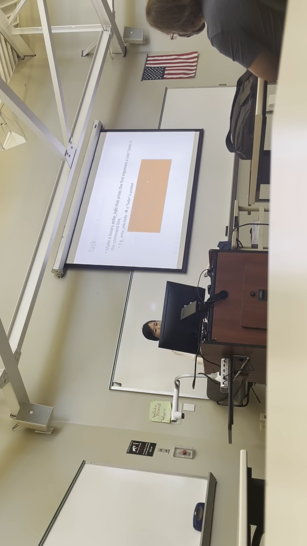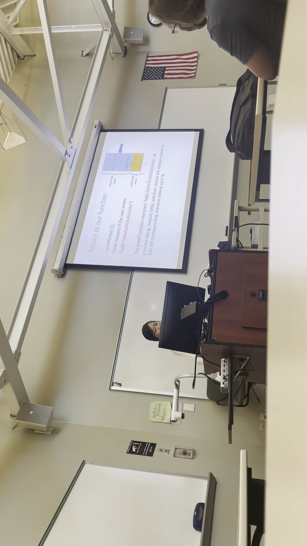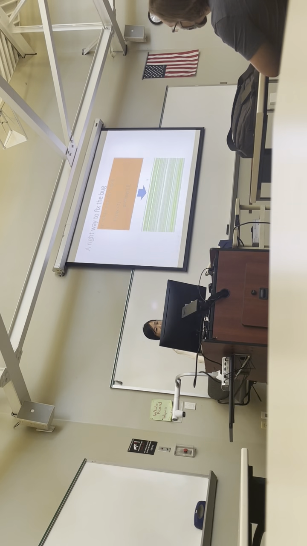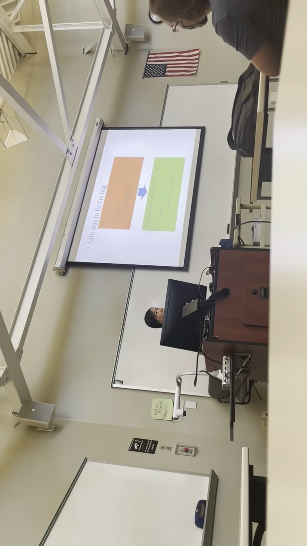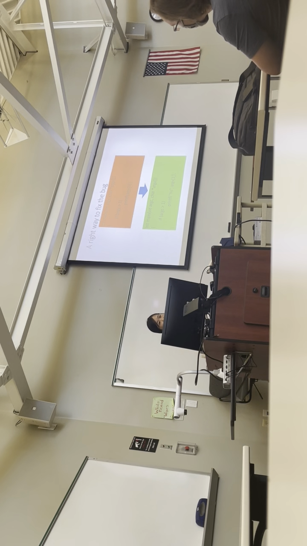Format string vulnerability is another control hijacking attack we discussed, and I also have an example about it. In this example, the main function on the top, labeled in orange, has a format string vulnerability.